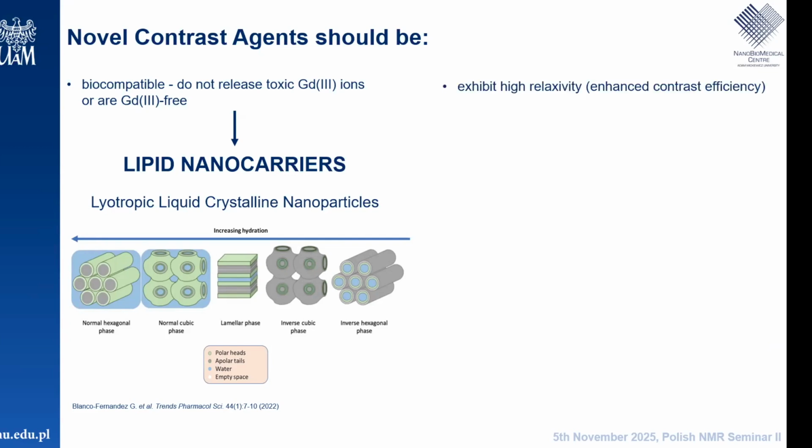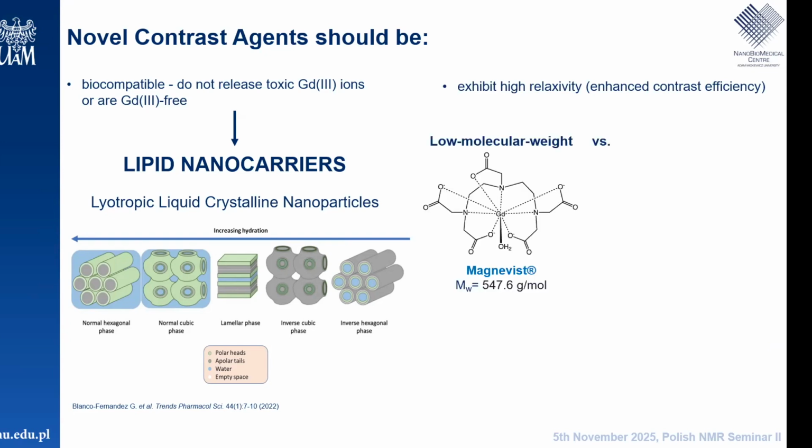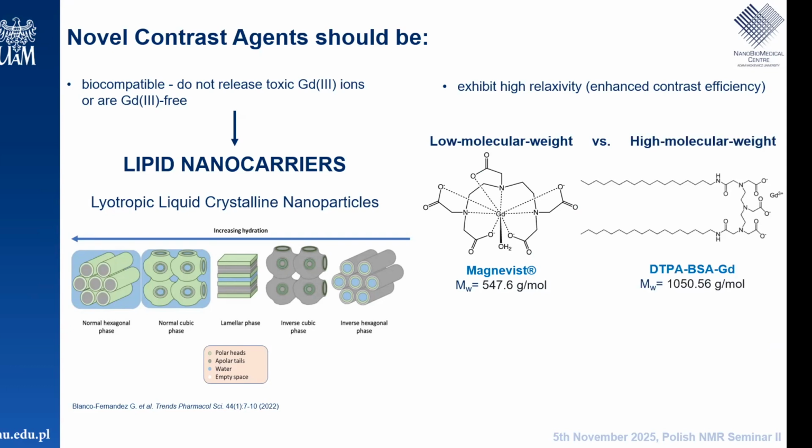And the other approach is to create contrast agents which exhibit high relaxivity. And in this case, as opposed to the low molecular weight, very well known, very popular Magnevist, we propose in our system a high molecular weight gadolinium chelating lipid, DTPA-BSA-Gd.